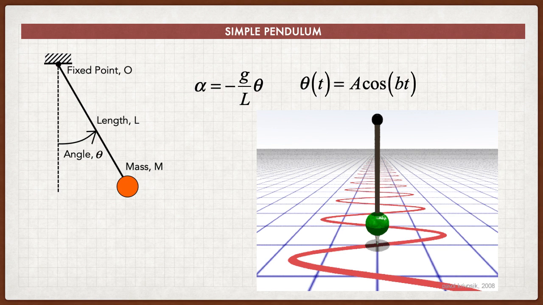The deflection of the pendulum is a cosine function of t, time, or a sine function of t, or the sum of both sine and cosine. This is called simple harmonic motion, SHM. For small amplitude oscillations, we can model the motion of a pendulum as simple harmonic motion.